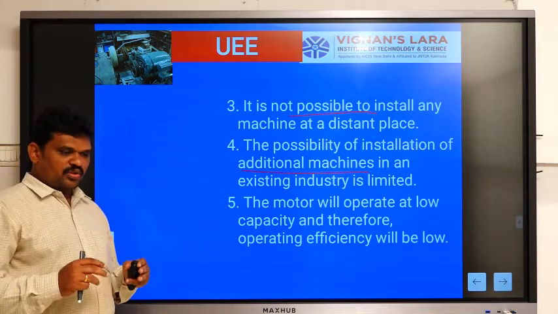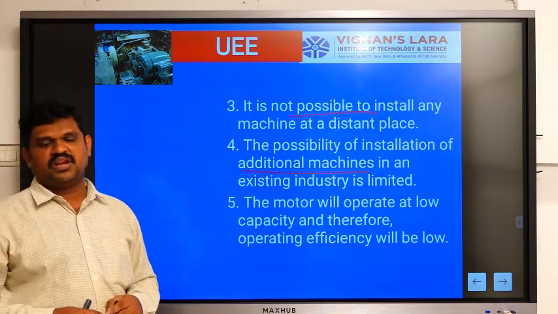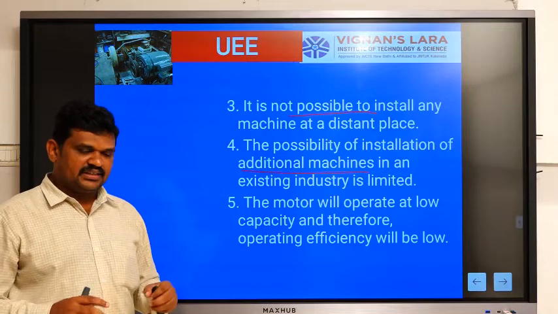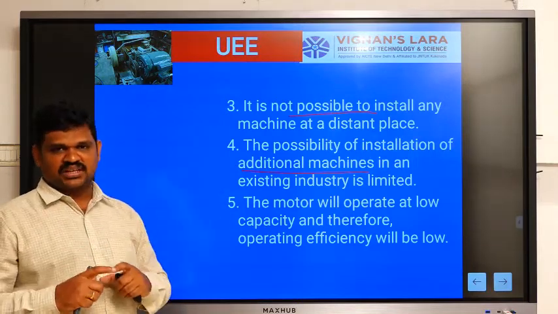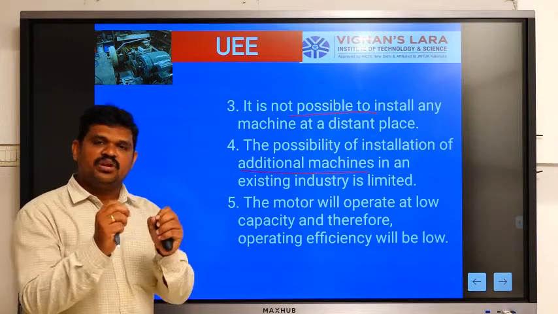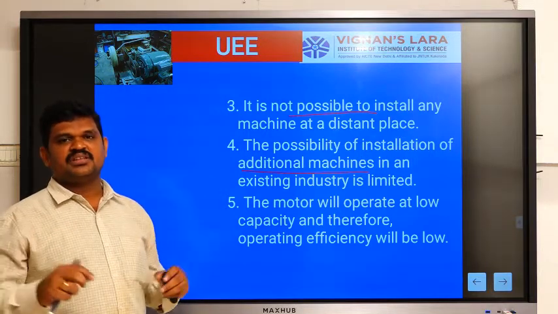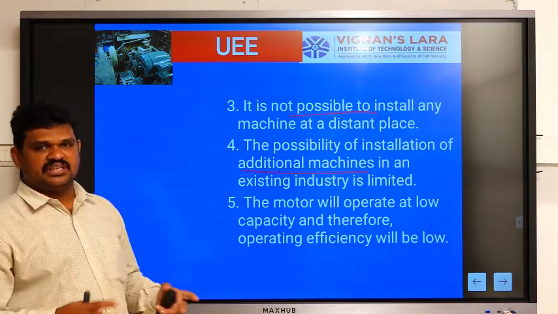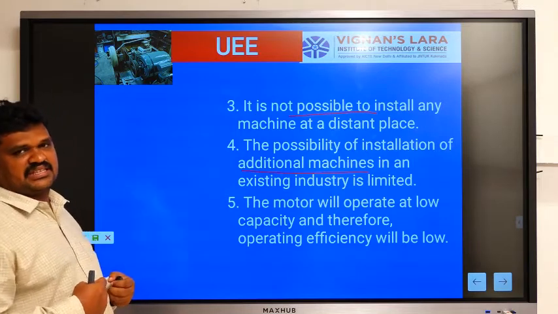One load may be operating, while the remaining loads may not be operating at the same instant. At that time, the large capacity motor is running to drive only a single machine. Instead of driving 4 machines, it is driving only 1 machine. So we are not utilizing its maximum capacity.